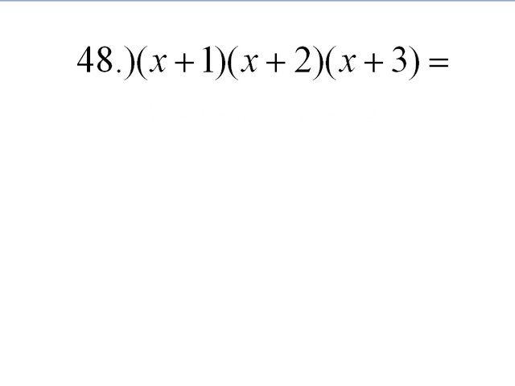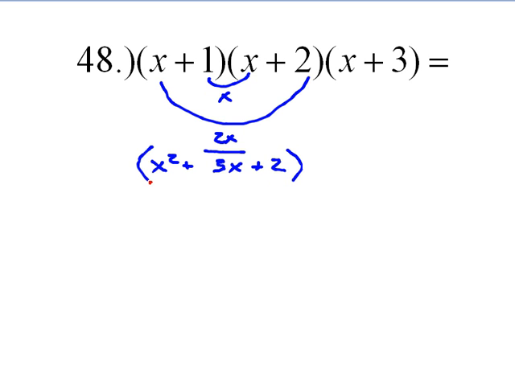Okay, here we've got 3 binomials. It's going to take us a little time, but we'll take the first 2 first. We're going to apply our Smiley method. 2x becomes 3x. We have an x squared, and 2 times 1 is 2.